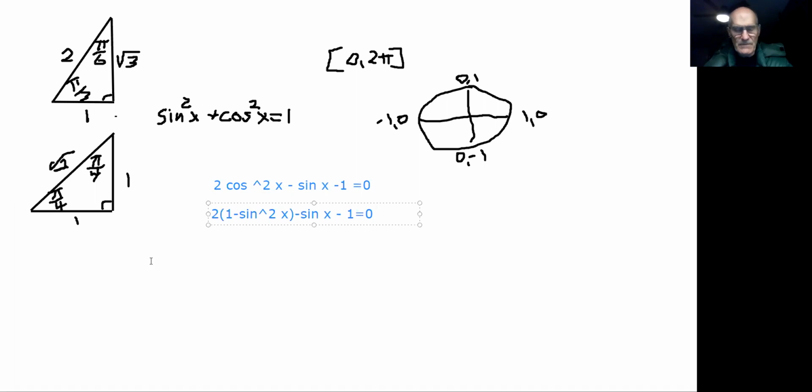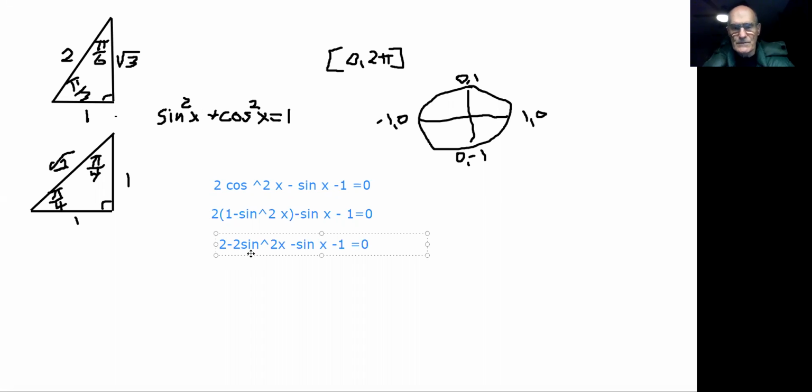Now, if I distribute, I get 2 minus 2 sine squared x minus sine x minus 1 equals 0.